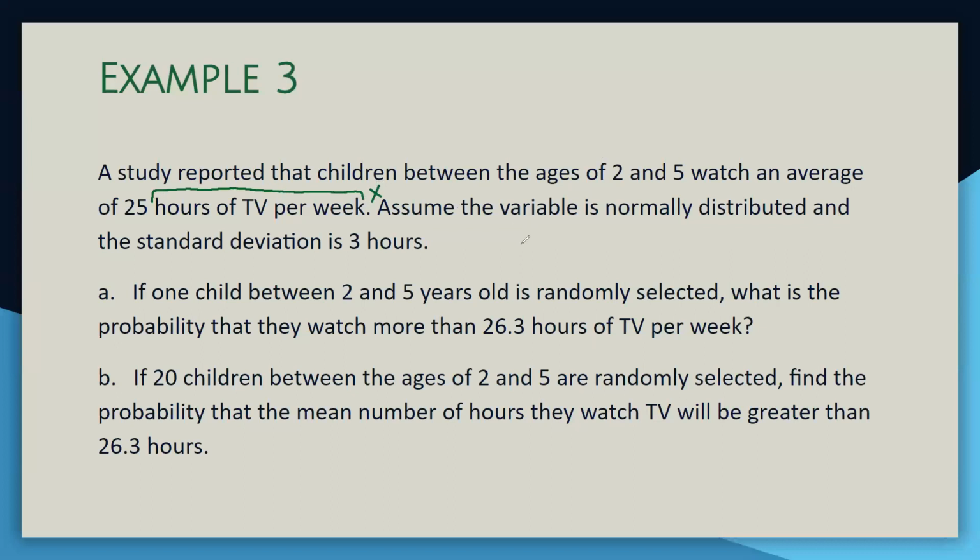That seems to be our random variable, and that 25 is the average for the population: 25 hours per week for all children between the ages of 2 and 5. They do tell us that X is normally distributed, and that standard deviation is 3 hours.